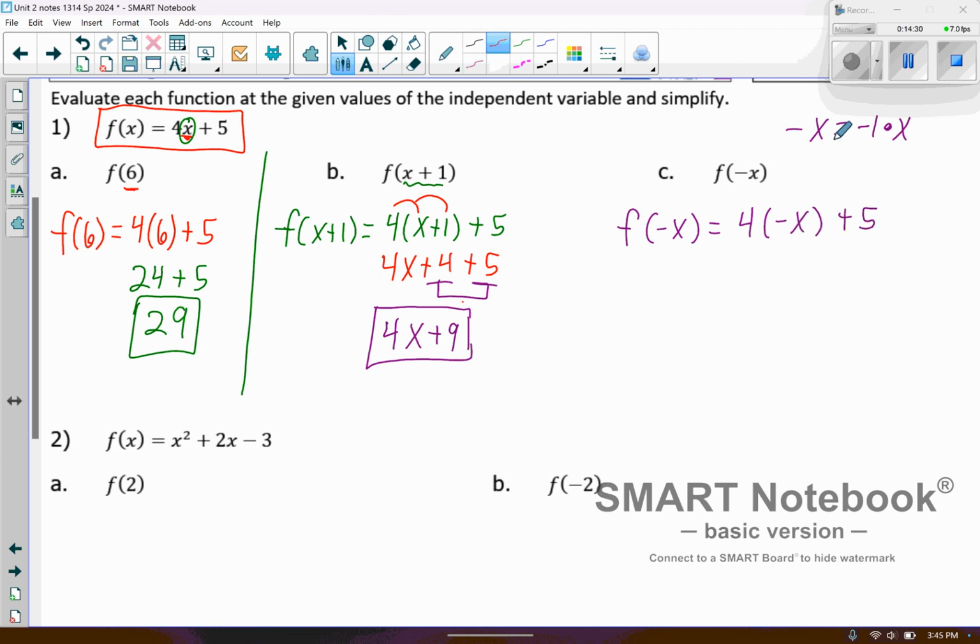As I mentioned, that negative x is equivalent to negative 1 times x. So really what you're doing is multiplying 4 times negative 1. So this is going to become negative 4x, and then we have that plus 5 right there. And that's our answer.